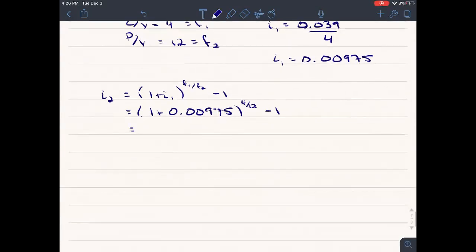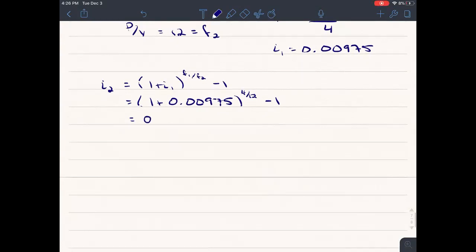Which is 1 plus I1 to the power of 4 divided by 12, minus 1. I get 0.003239494, which I'm definitely going to store in 1.